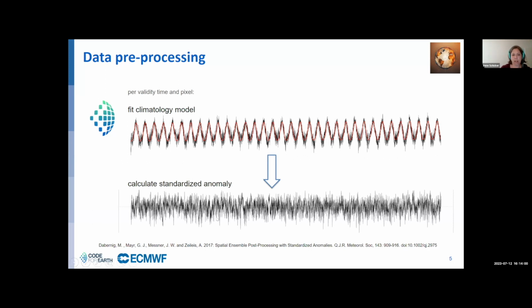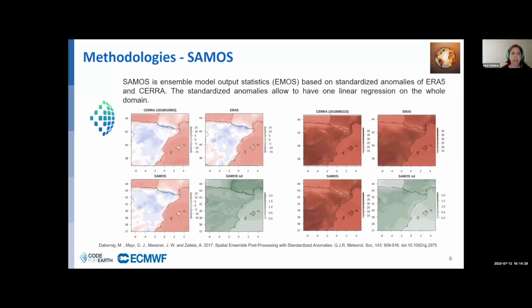You have this for every day and every hour used in this downscaling, a separate anomaly for every grid point. You feed this into the respective model, and you also train on standardized anomalies. To get something meaningful back, you add the mean and the standard deviation to the anomaly forecast.